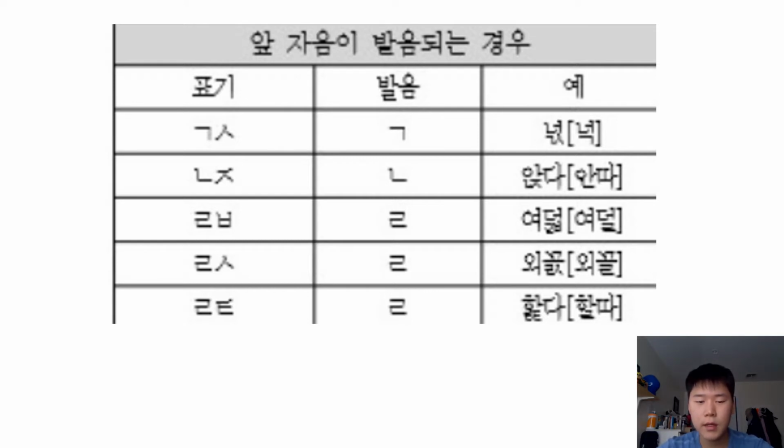And for the next one, it's 리을 and 시옷, right? And in this one, it also has a 리을 sound, and in the example here, it's 외골, right? It's not 외곳 or something like that. It's still 외골, right? 외골.